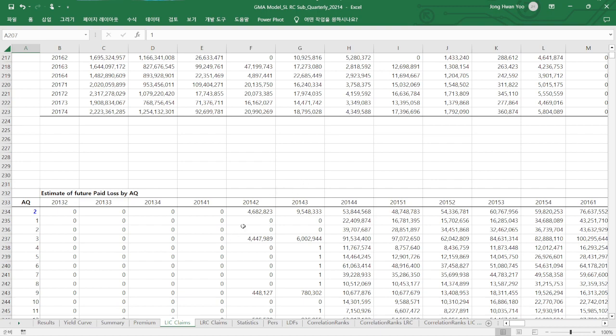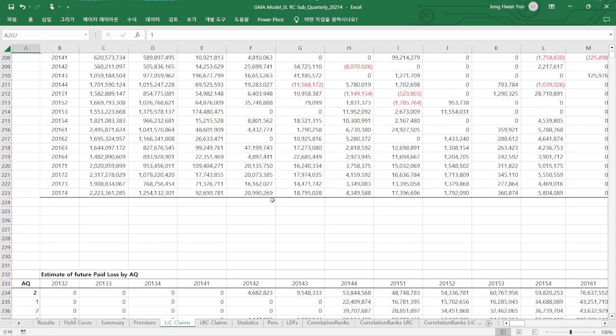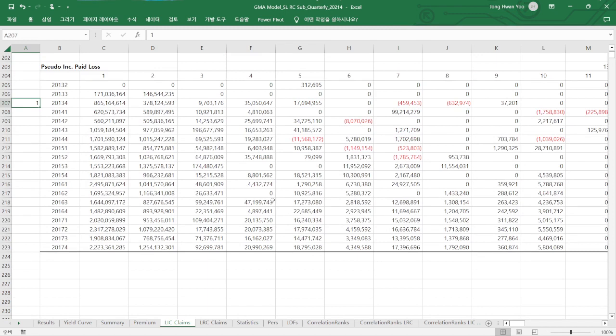So anyway, I try to create the historical data samples, because even though our internal data is big, when I decompose it into the accident year and development year, or accident quarter and development quarter basis, it's only one set.